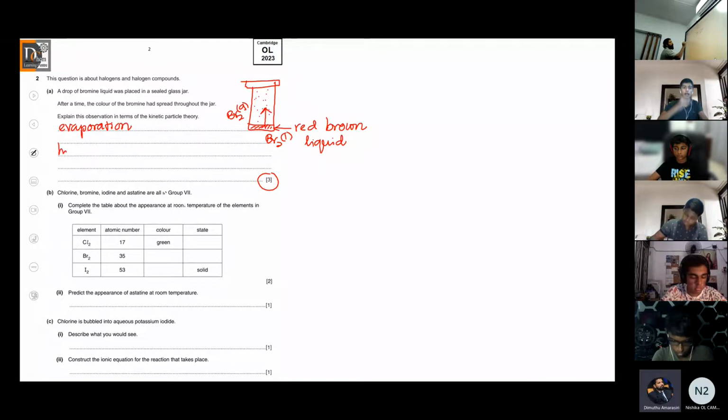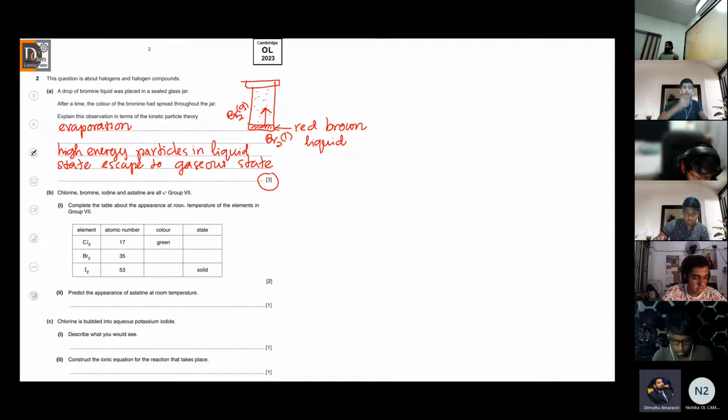High energy particles in the liquid state escape to the gaseous state. Now I don't know what the maximum answer is, but I'm writing things in detail. So I just explained the evaporation.